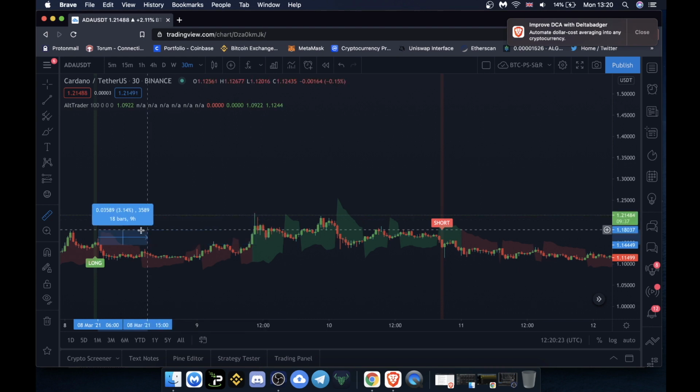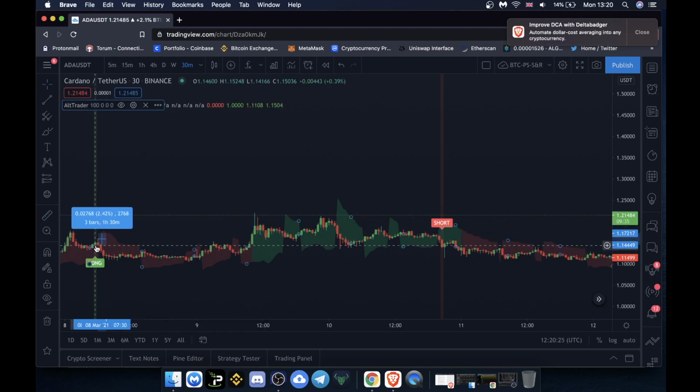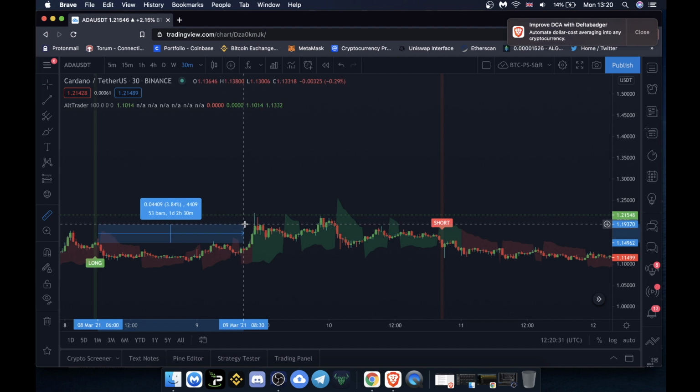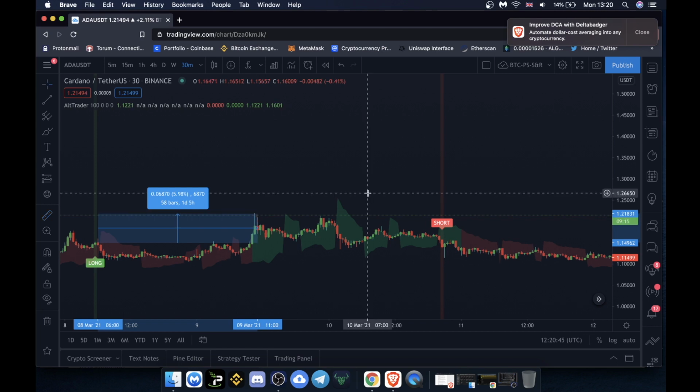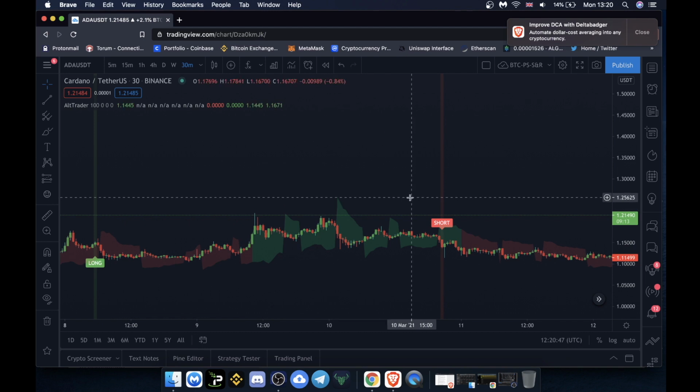This flag came up on here, and at any point here you could be looking at 1%, 2%, 3, 4, 5%, just touching 6%, and that's on just one flag there over a day.